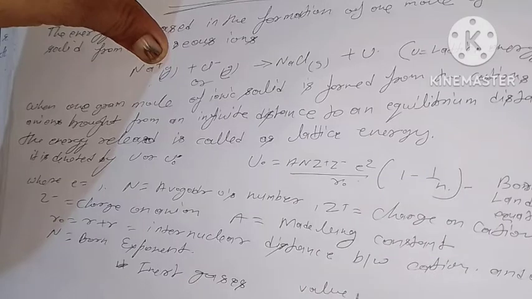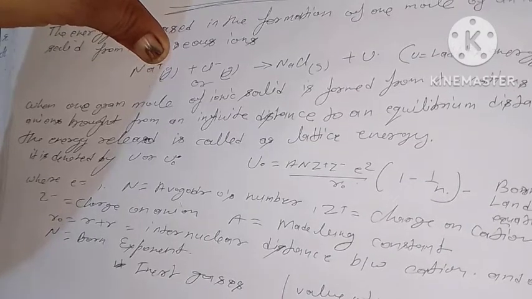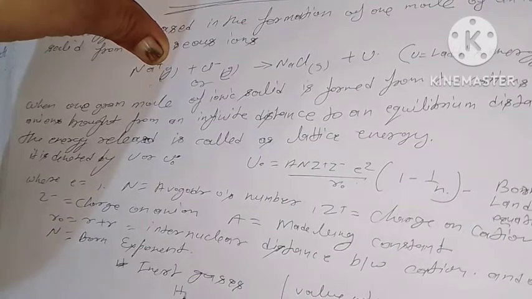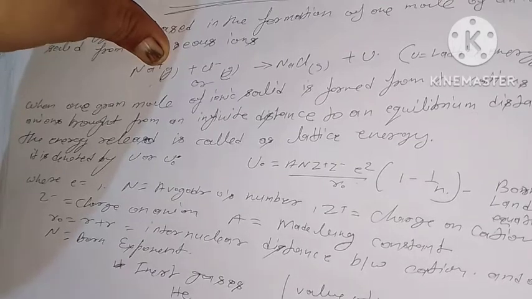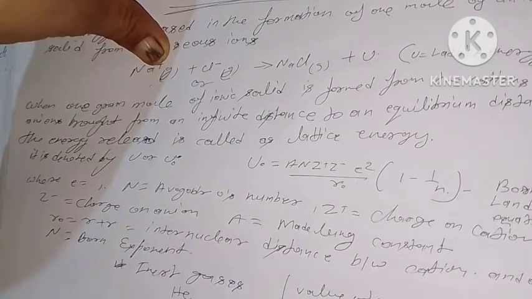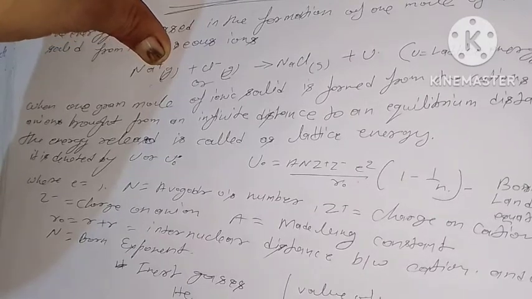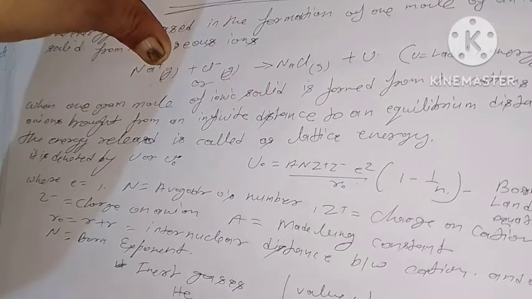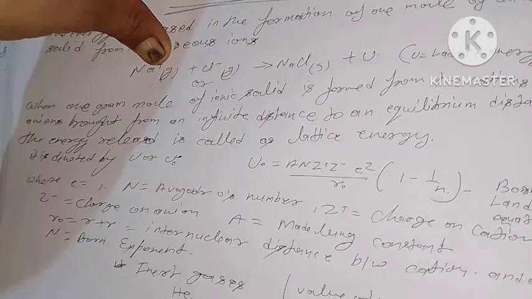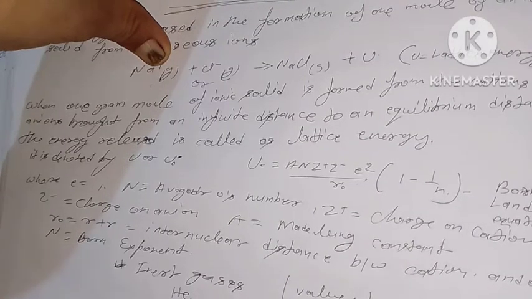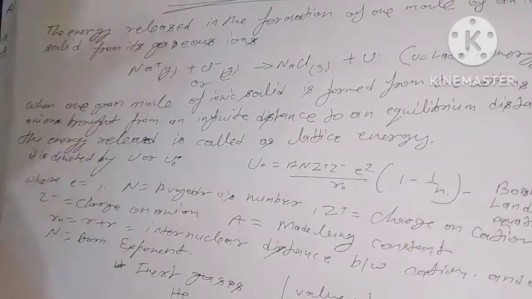Value of n: for helium 5, for neon 7, for argon 9, for krypton 10, and for xenon 12. Okay?